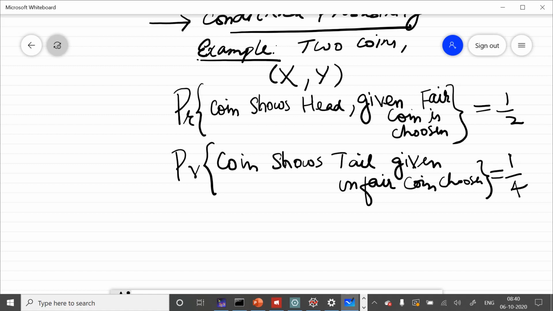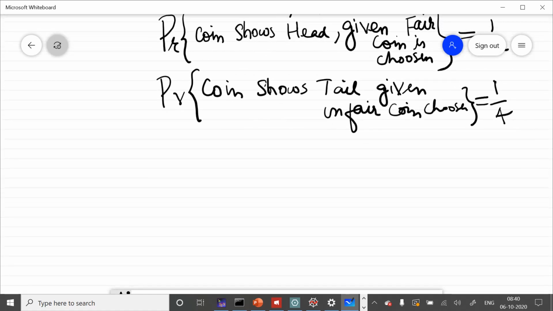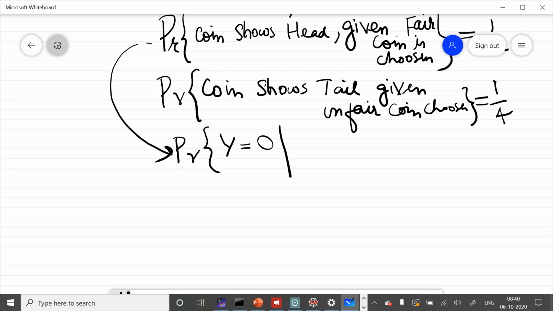Now how to put it in notation? So the notation is like this. We write the probability that the coin shows head, that is Y is equal to, suppose 0 means head, given the fair coin was chosen. The "given" is denoted by this bar.